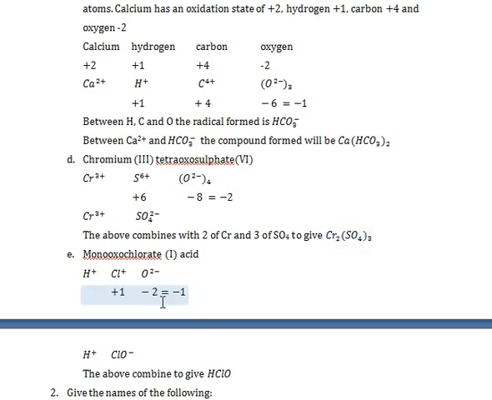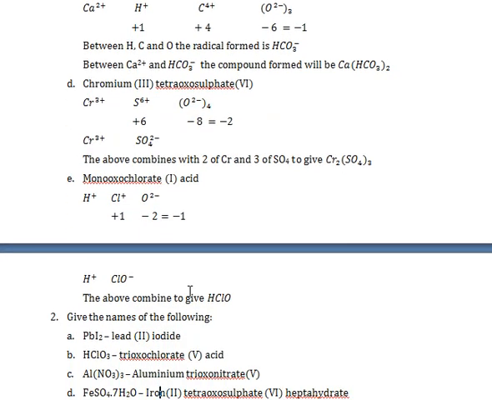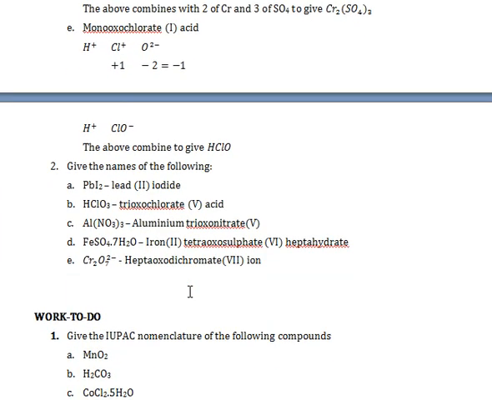Now the last example there, we're asked to give the formula of monooxochlorate 1 acid. Just like I mentioned earlier, anywhere you say acid, the first element is hydrogen. So, having established that H plus, chlorate 1 tells you that should be Cl plus, 1 plus.